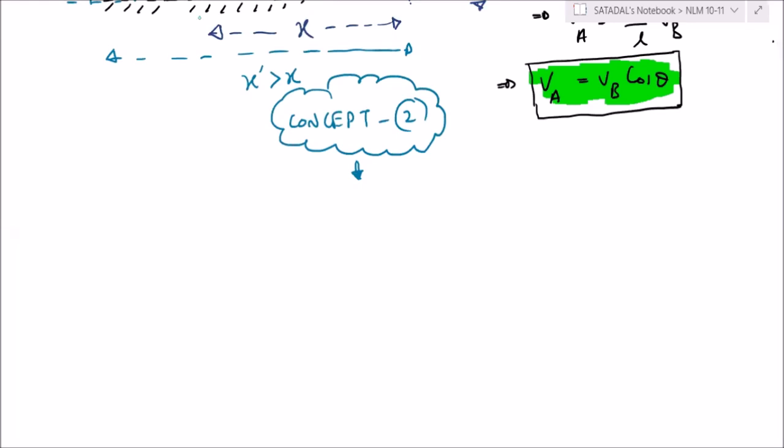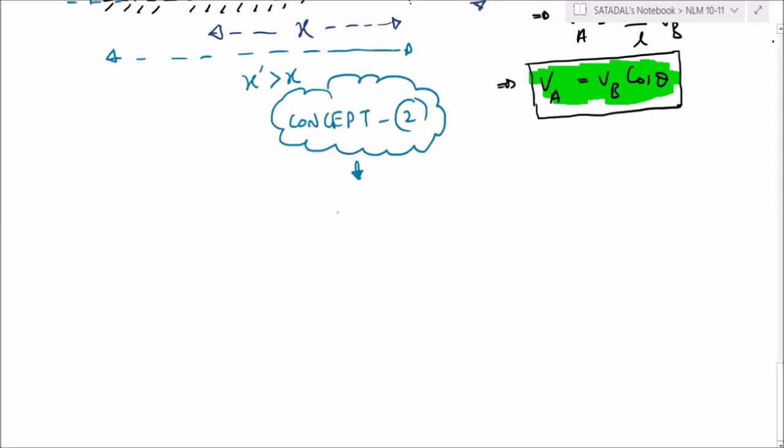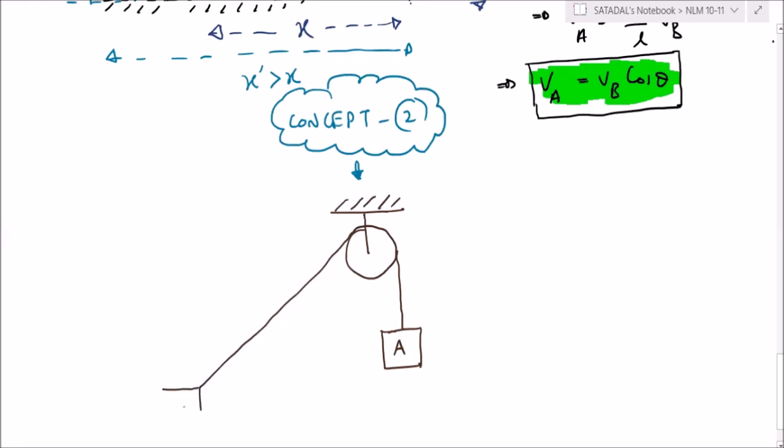How? First let me draw the diagram. So this is A. This is B. And this is the ground surface.